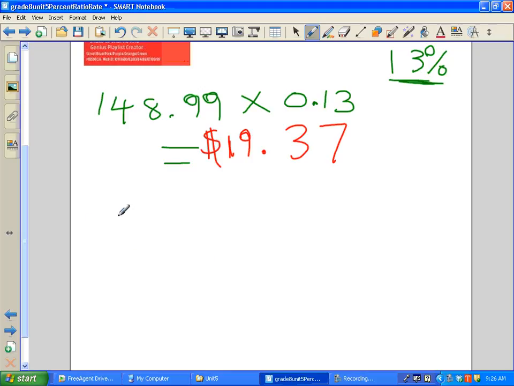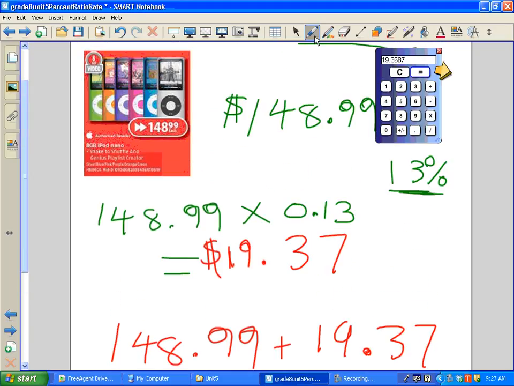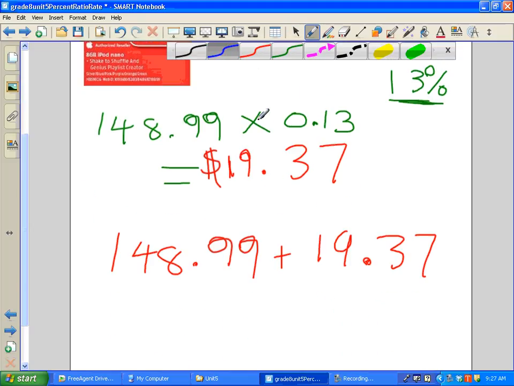So let's take what we were going to pay without tax, $148.99, plus what we're going to pay with the extra tax added on, which is $19.37. So let's go ahead and add those up. $148.99 plus our tax, which was $19.37, equals $168.36.